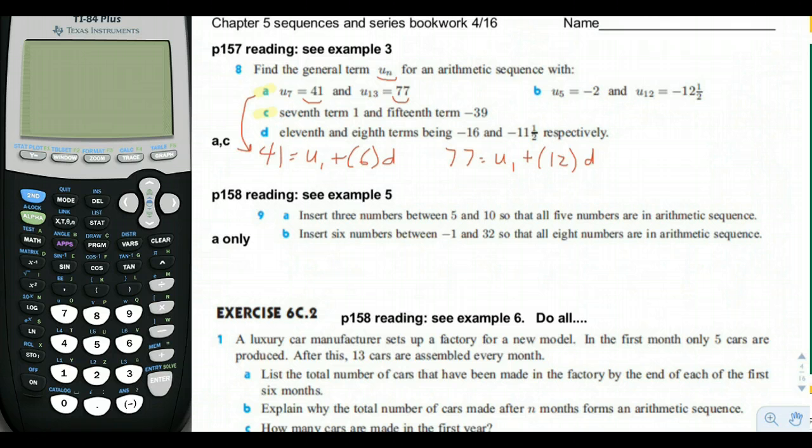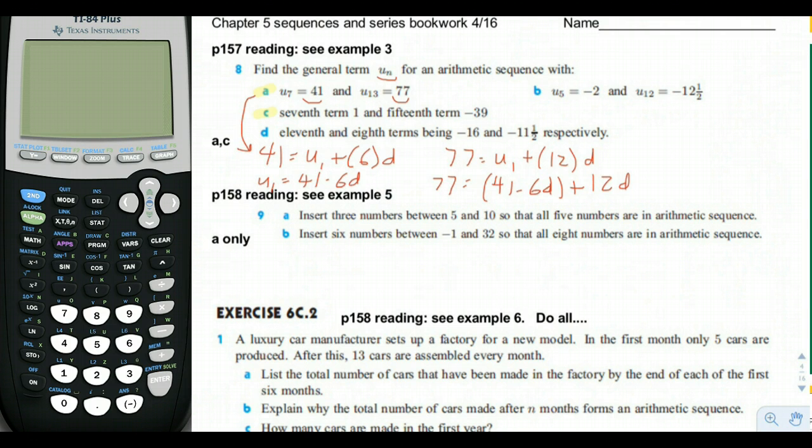So for example, this one, we could solve for u1: 41 minus 6d, and then we'll just put it in here. We'll substitute it in for u1, 41 minus 6d plus 12d equals 77. Okay, and then you could just combine the d's.